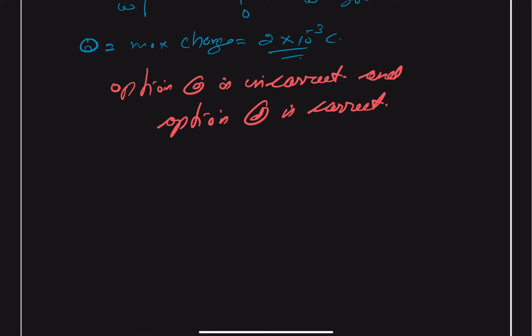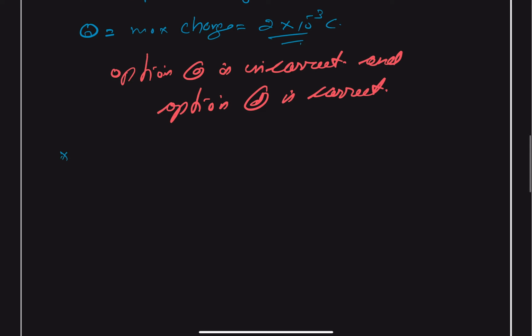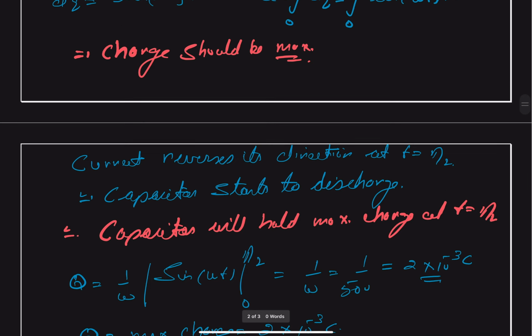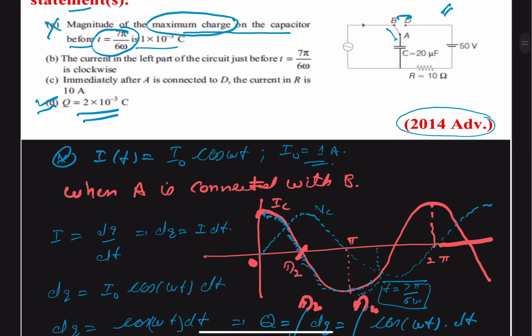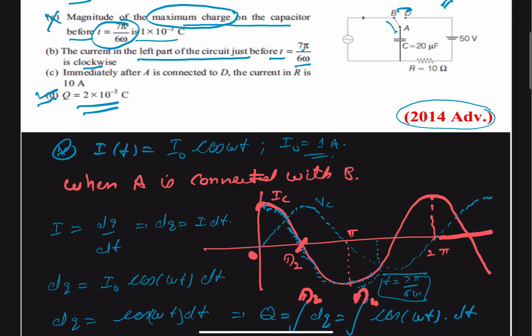Now we come to option B, and option B states that the current in the left part of the circuit just before t is equal to 7 pi by 6 omega is clockwise. So this is our left part of the circuit and this is the right part of the circuit. It says the current in the left part of the circuit, it means A is still connected with B, just before t is equal to 7 pi by 6 omega.